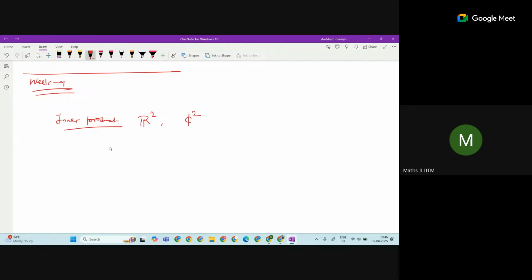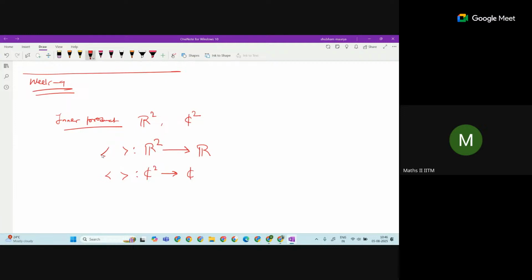Professor started defining it by the definition, saying the inner product is a function from R2 to R, or if you are doing inner product on C2, it is going to be on C, meaning a scalar. From the vectors, it is going to a scalar. But how is it defined?